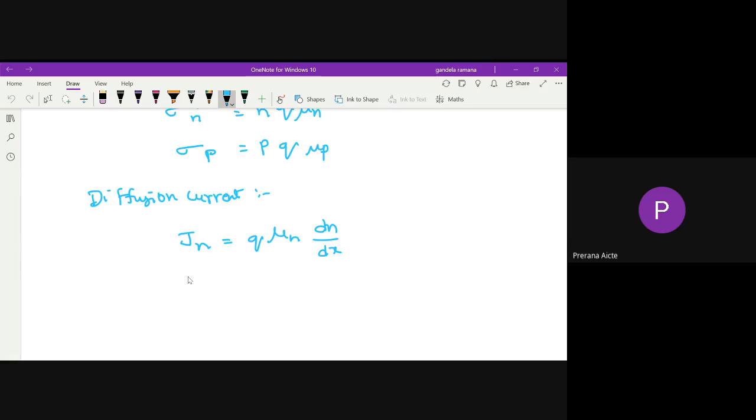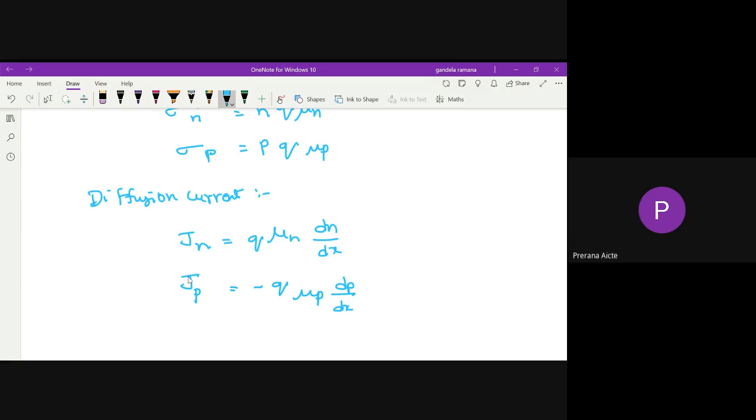Minus minus gives a plus Q. Current density due to holes is minus Q mu p dp by dx.